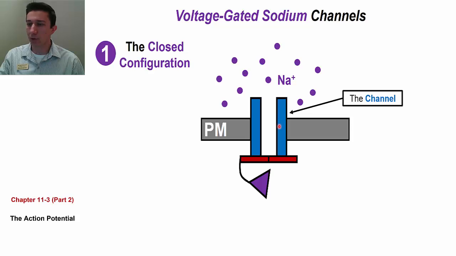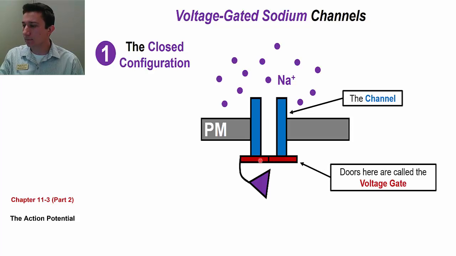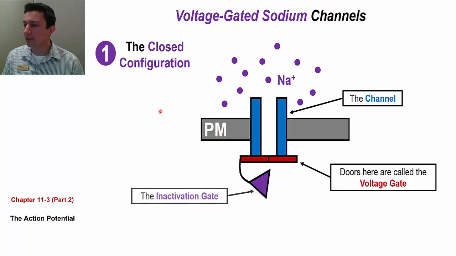These vertical blue bars here are what are called the channel, so it provides a passageway through the plasma membrane. And then it has these two horizontal structures in red here called the voltage gate. This is the structure that responds to changes in membrane voltage and opens, permitting sodium to diffuse into our cell. And then they have this protein piece that's kind of chained to one of the voltage gates. It's called the inactivation gate. Right, so we've got the pieces. We'll see how the pieces work together.